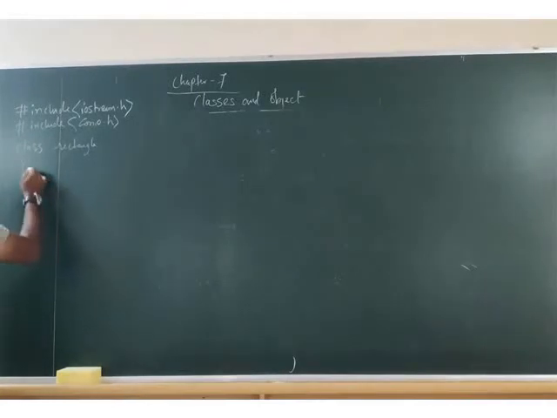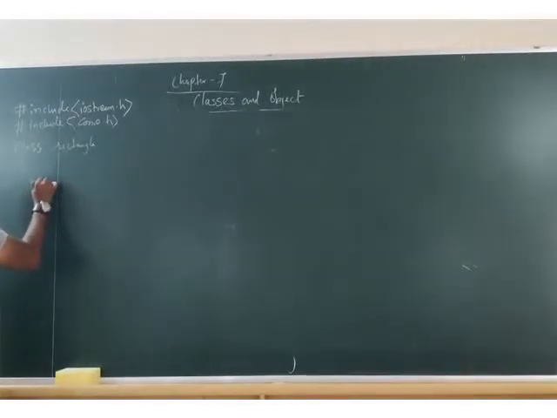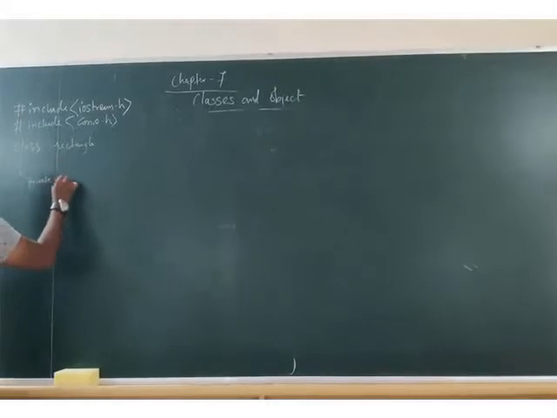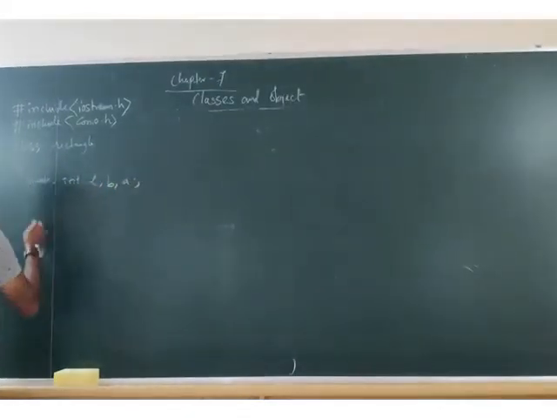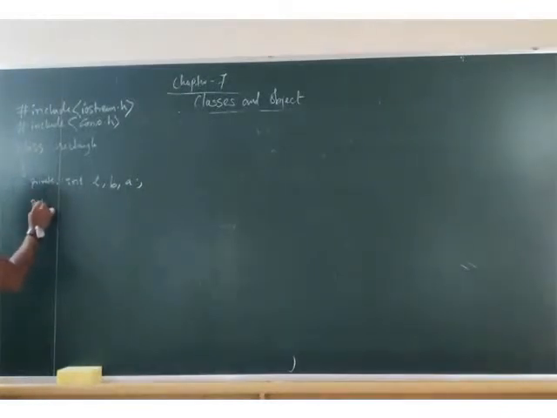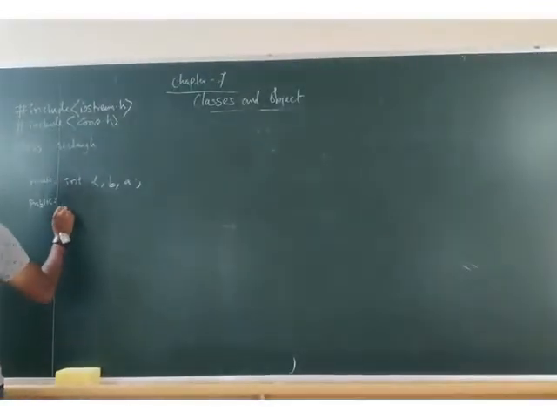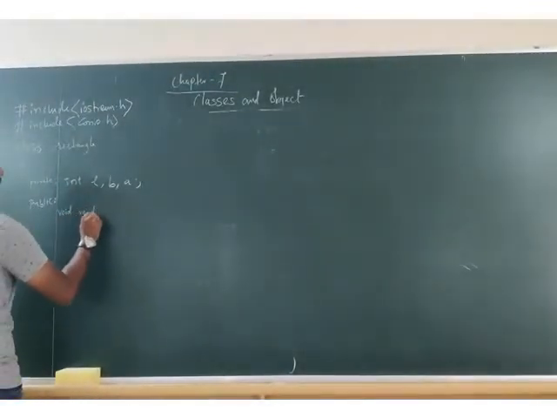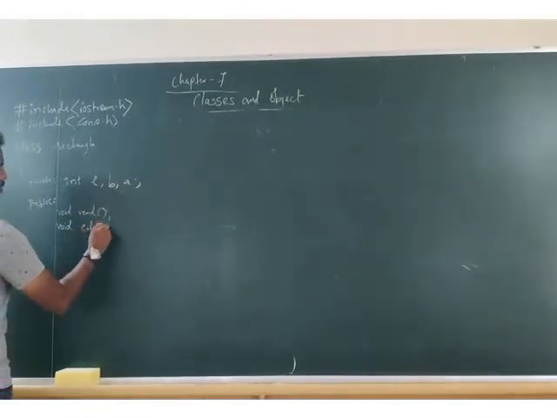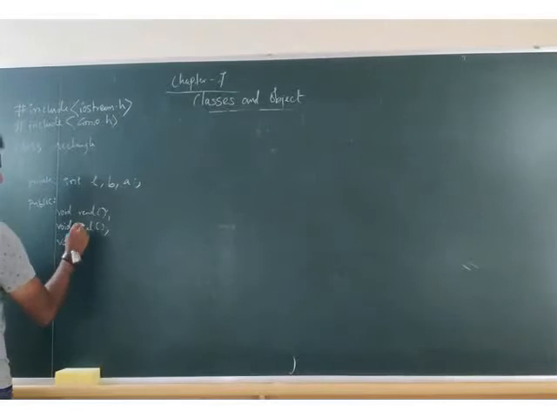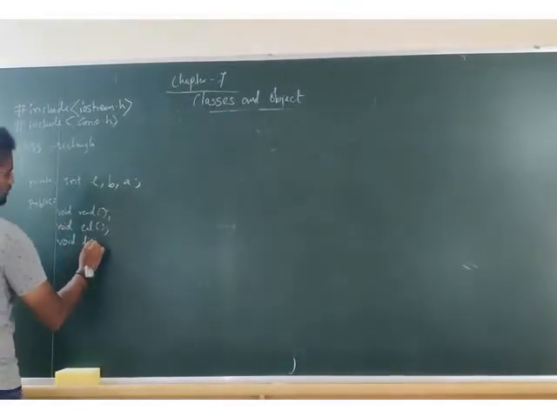Now see, we will write outside the class. Okay? Private: integer L, B, A. Public: void read, void calculate, void display.